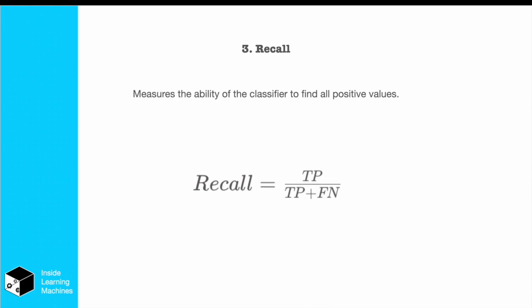And so this is just telling us how close does our classifier get to correctly labeling all of our positive cases. So like the other two metrics before, in the ideal case, we have a recall of 1, and well, the worst possible case is that we have a recall of 0.